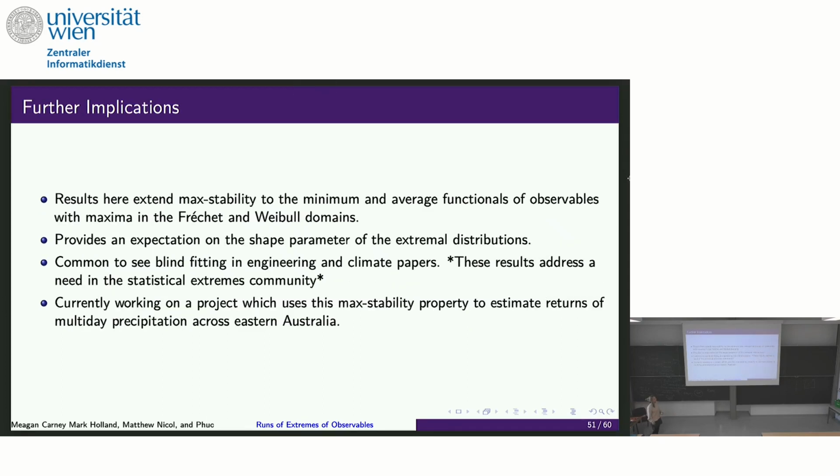So I'd just like to talk a bit about some further implications in the last few minutes. I've said it over and over again, but really the results here extend max stability for the minimum and average functionals in the Frechet and Weibull domains, which means that we can do an MLE on the original time series to get some estimate of the shape where we have the most data, and so have a better fit, and then use that shape to make predictions on what our distribution would look like for greater and greater windows.